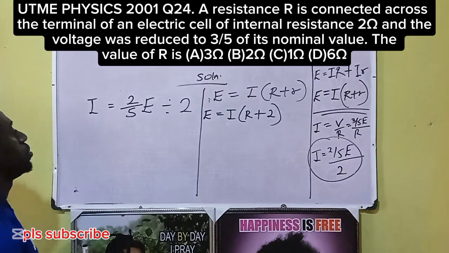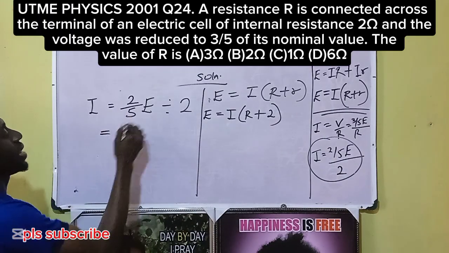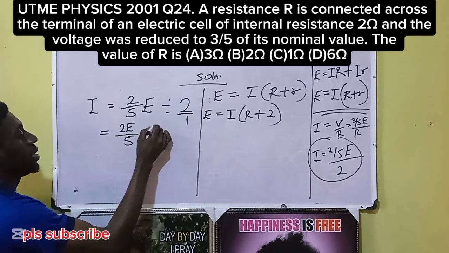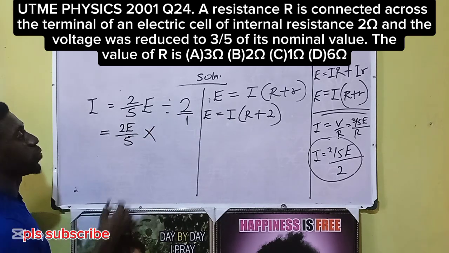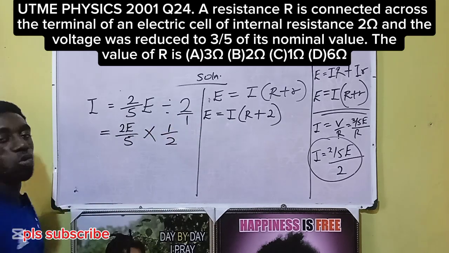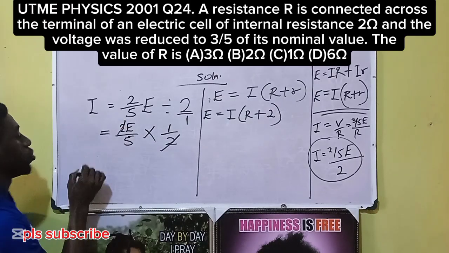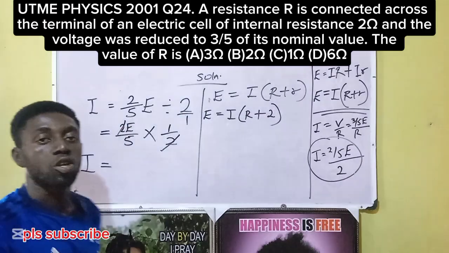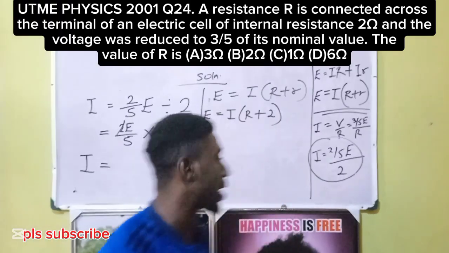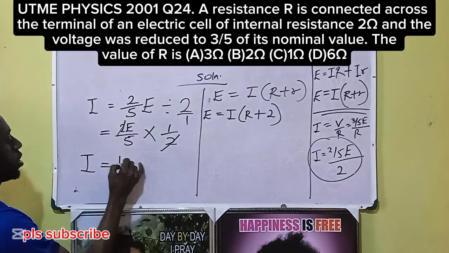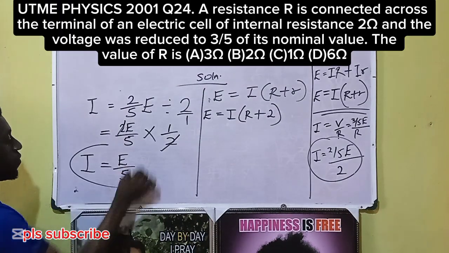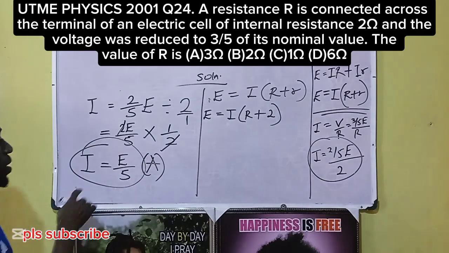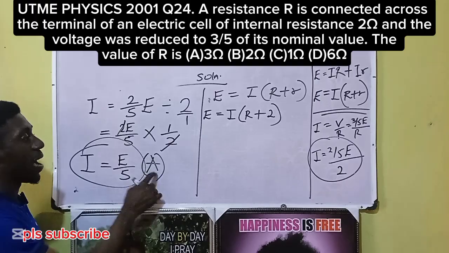Then we'll be having 2E over 5 over 1, times, changing division to multiplication, 1 over 2. 2 cancels 2. Therefore, the current both in the cell and in the circuit becomes E over 5 amps. This is our current. Our current is EMF over 5 ampere.